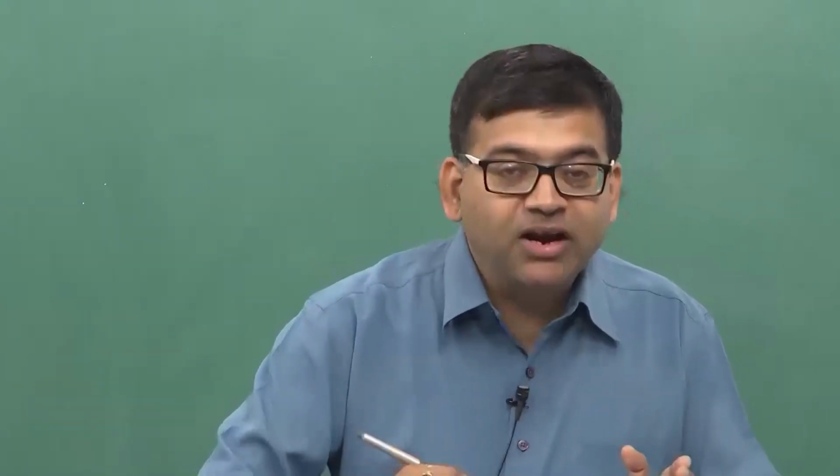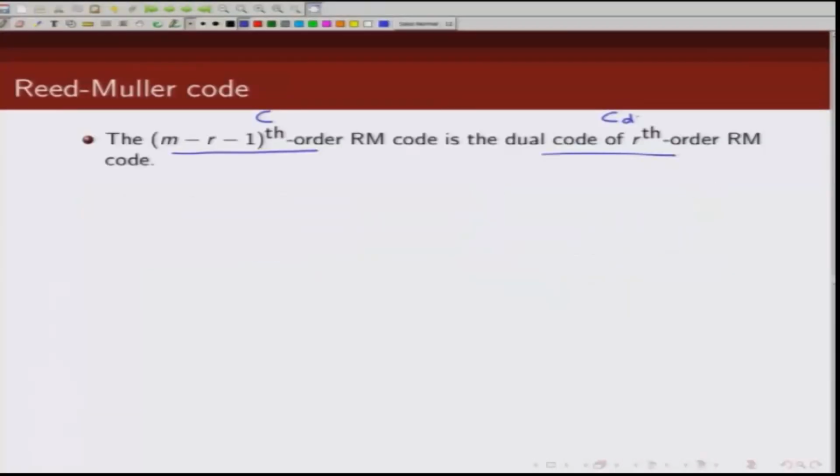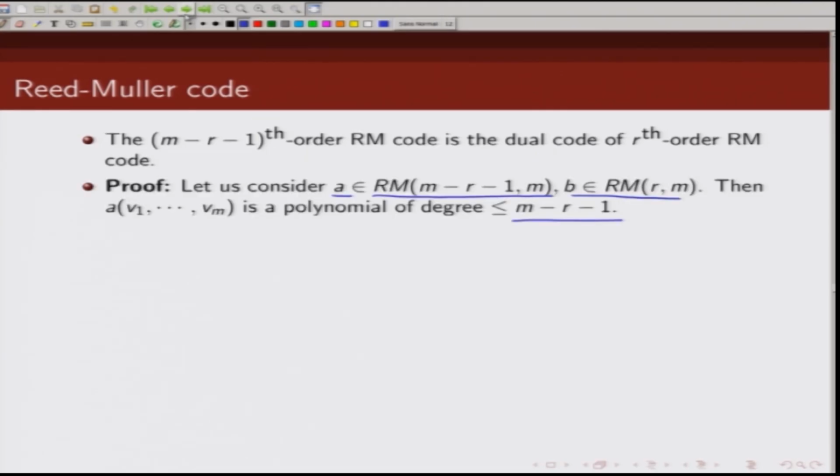So, Reed-Muller code would not have odd weight code words. Now we will show that if we take a code word from the m minus r minus 1th order Reed-Muller code, and if we take another code word from the rth order Reed-Muller code, then they are orthogonal. That is the first thing we are going to prove.